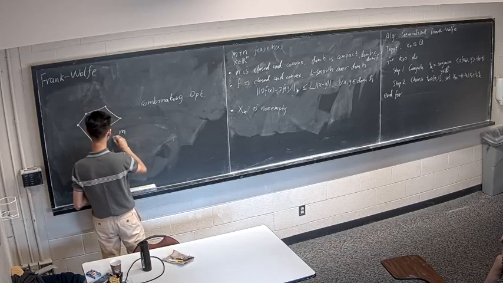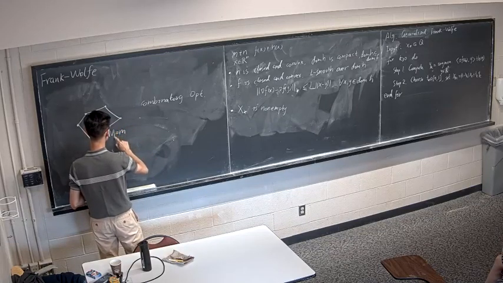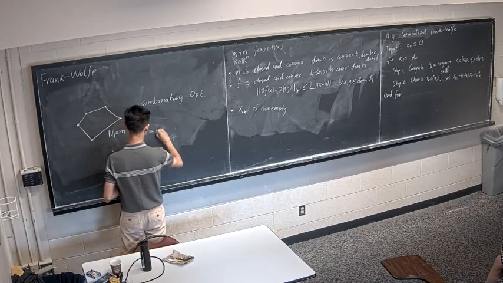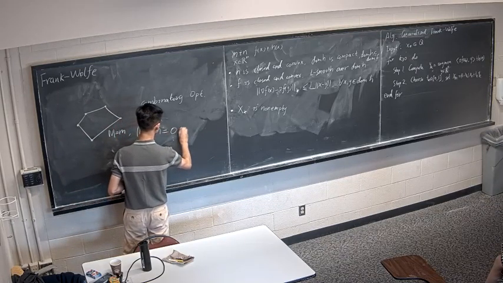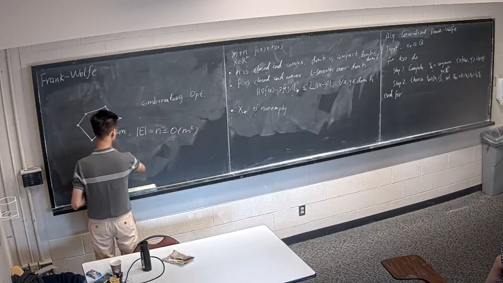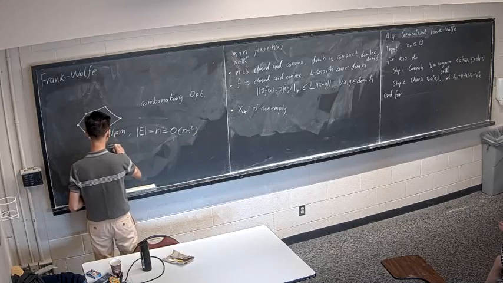This is the number of nodes, and the number of edges is n, which is on the order of m squared. And then the number of spanning trees.